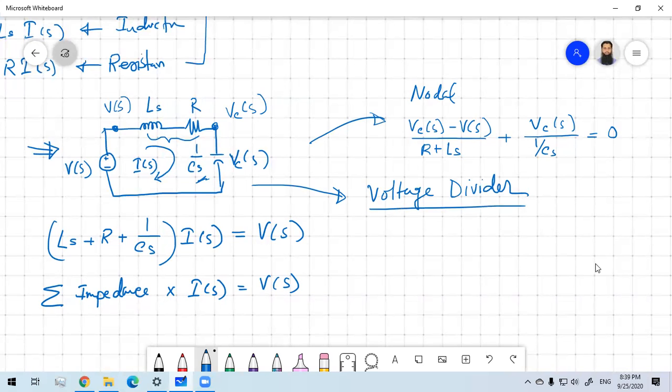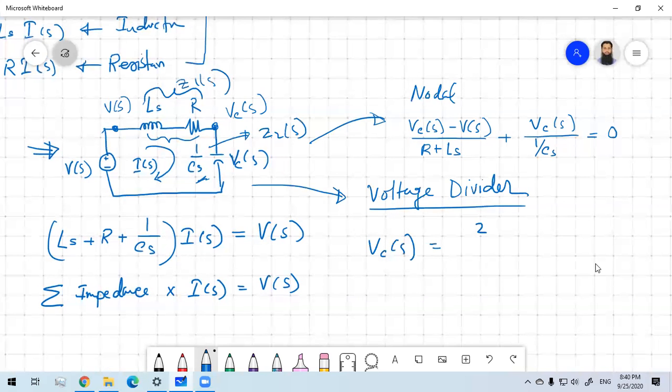Okay, so we have one impedance, this one is your Z2S, and this is your Z1S. So voltage across VCS will be actually Z2S divided by Z1S plus Z2S into Vs.